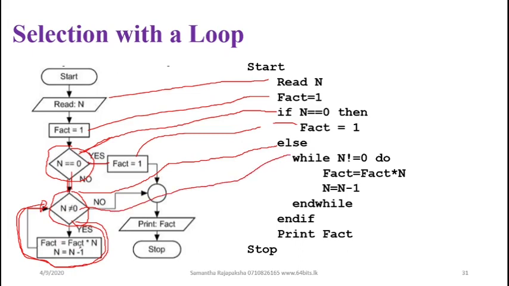And we run these two lines and end the loop. And the if condition is started, else part, and the if condition should be finished. When both are finished, the print is done. That is how you convert this flow chart into the pseudo code when there is a selection with the loop.